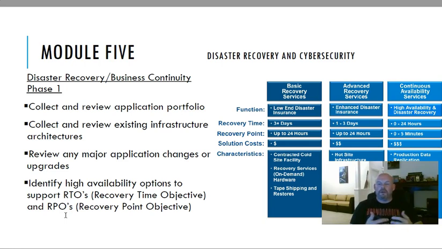The recovery point, we're looking at under 5 minutes, and the recovery time to be whole would be less than 24 hours. And when we're looking at the basic recovery service versus continuous availability service, this is definitely a cost thing. As your need for more uptime increases, the solution cost is also going to increase.